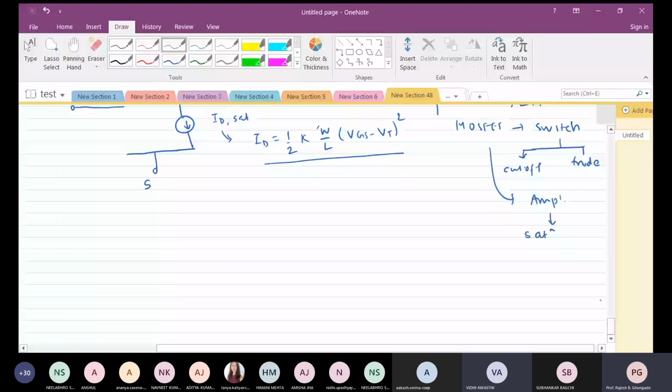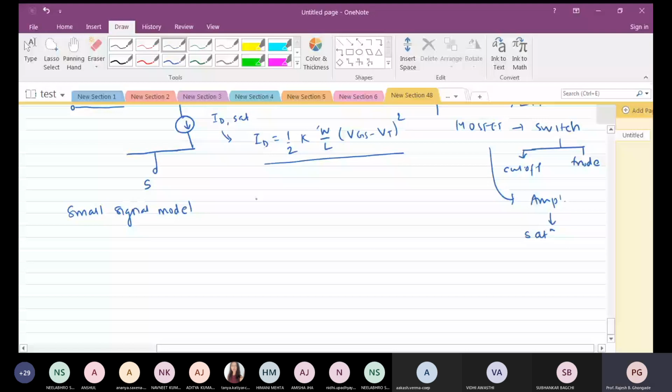Whereas when I talk about the small signal model, it means it is still working as an amplifier, but the span of voltage levels is less. It doesn't mean that VDS is less; the variation in VDS or VGS is less.